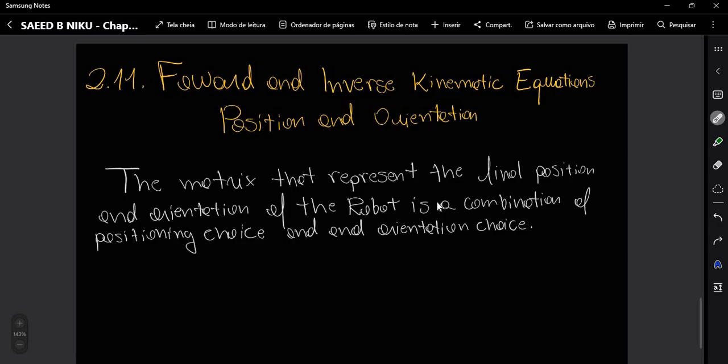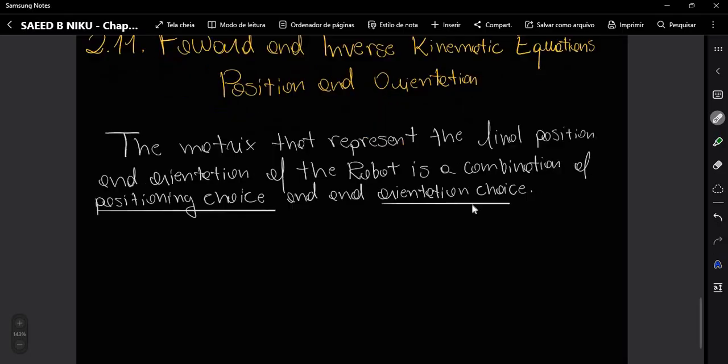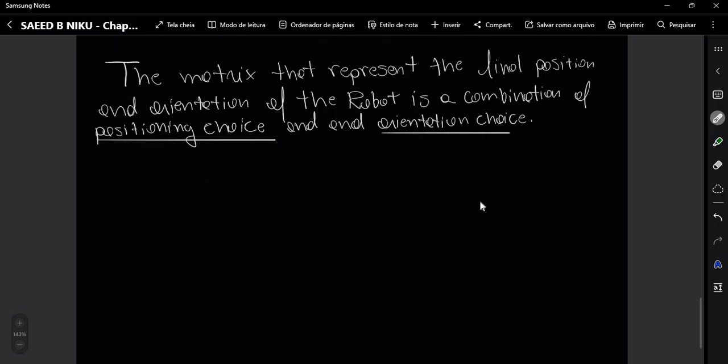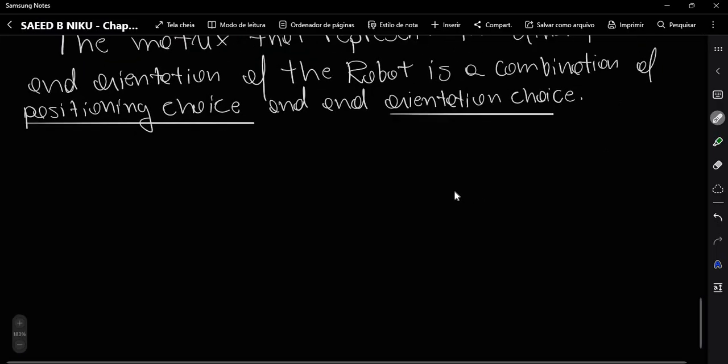Where is the initial position, and where we wanted to put it. So the final position of our choice, like it's being said right here. So it continues now giving us an example.